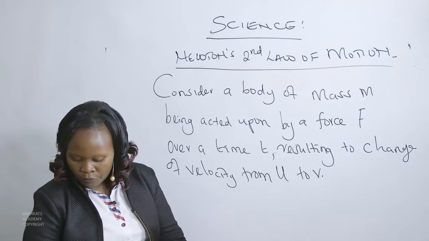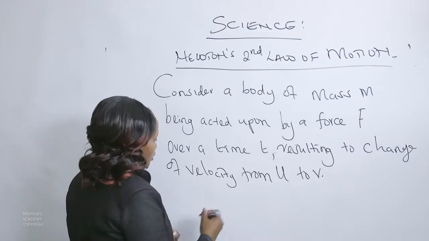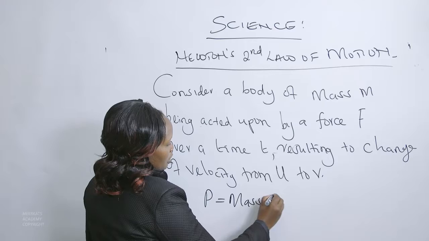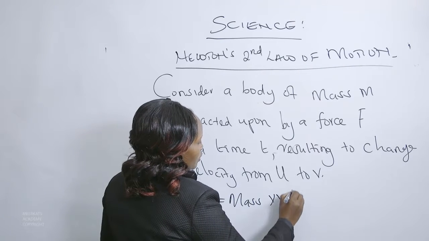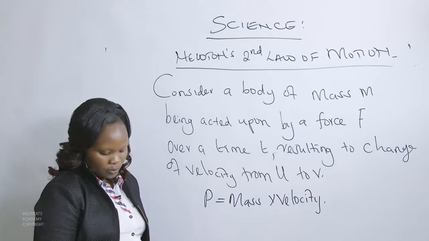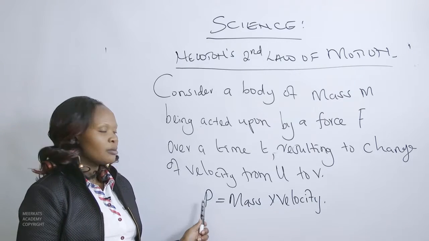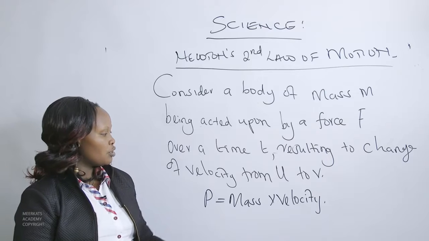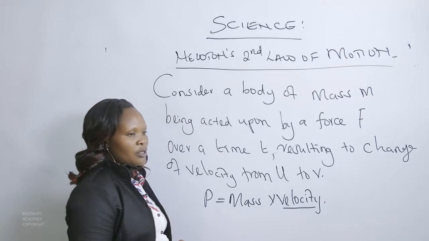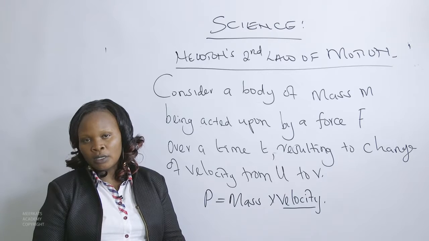Now, from our first law, we found out that momentum is given by mass and the velocity multiplied together. And again we said that momentum could only be altered by changing the velocity of a body, now that mass will always be constant everywhere.